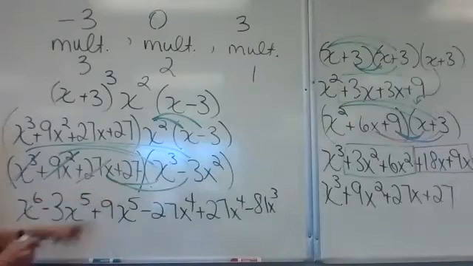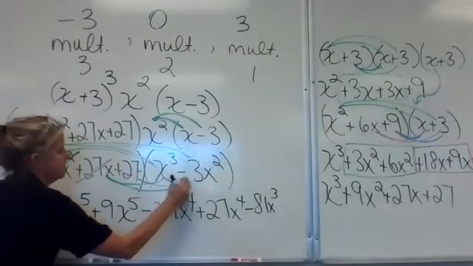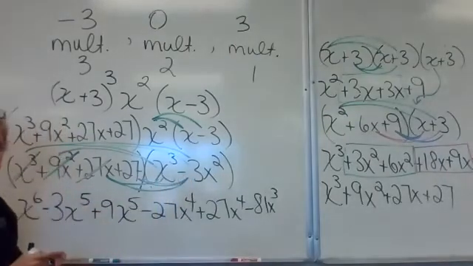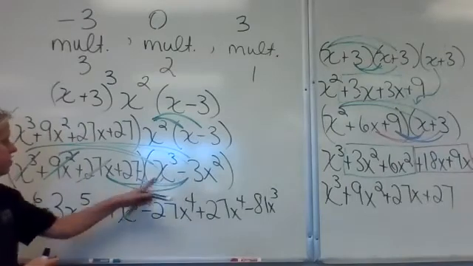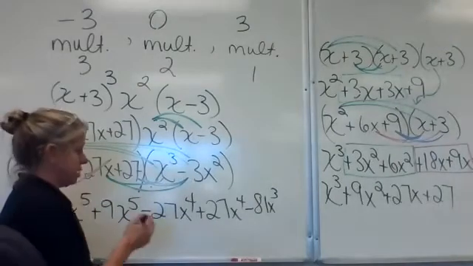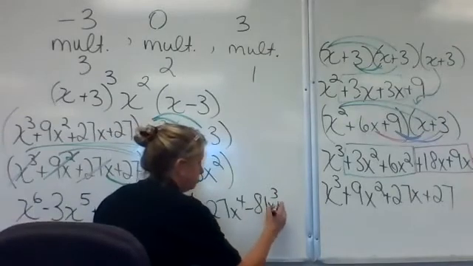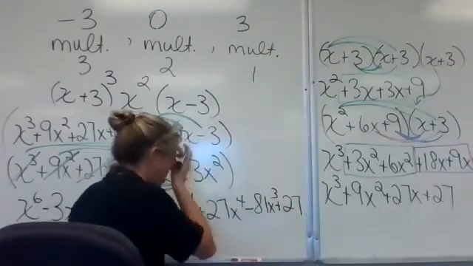Now I'll move to the 27 and distribute it to both of those. 27 times x to the 3rd gives me 27x to the 3rd. Run out of room.